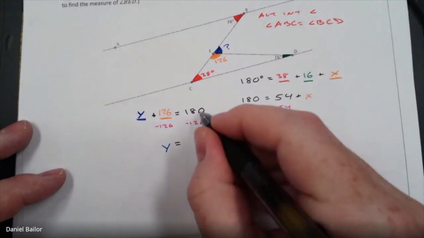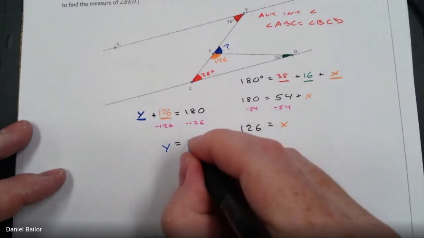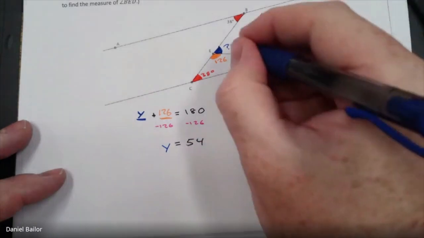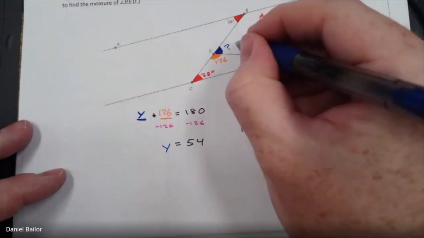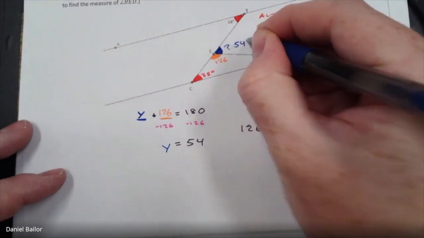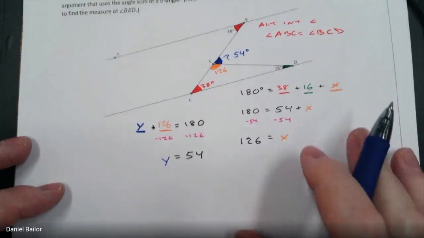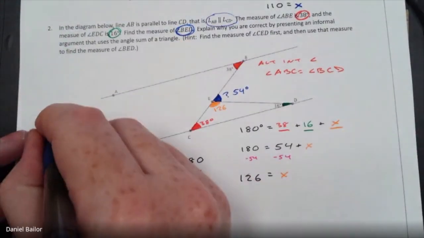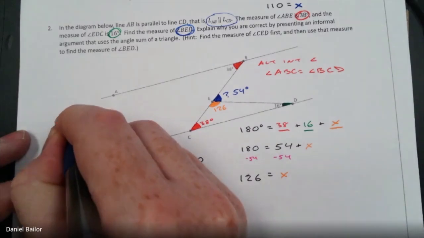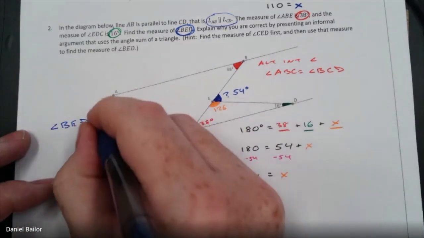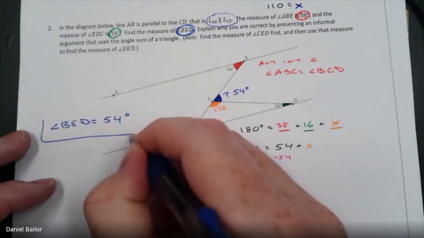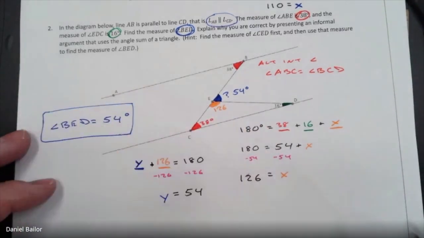And 180 minus 126 is 54. So now you know the blue is 54 degrees. So the question, what is the angle of angle BED? You say angle BED equals 54 degrees. And that is the answer to number 2.